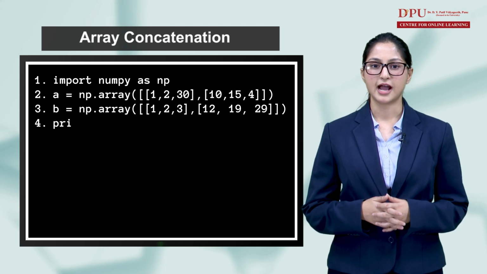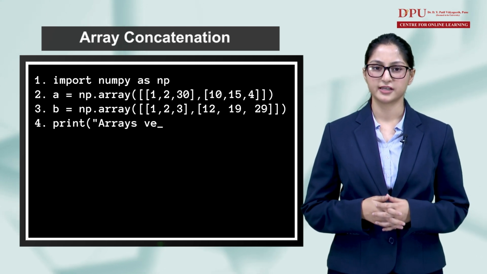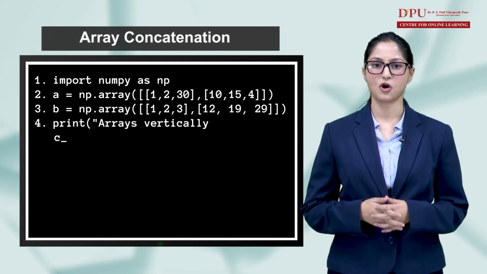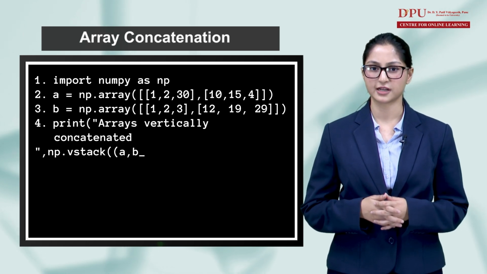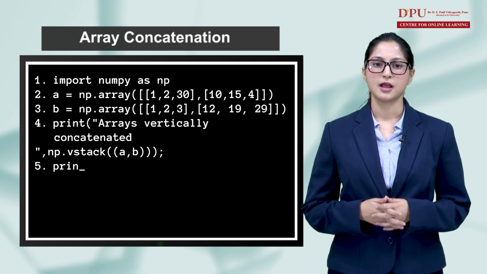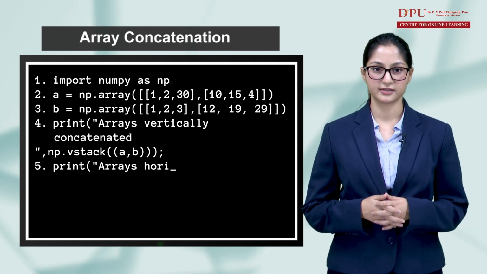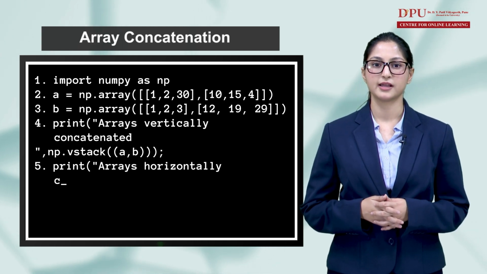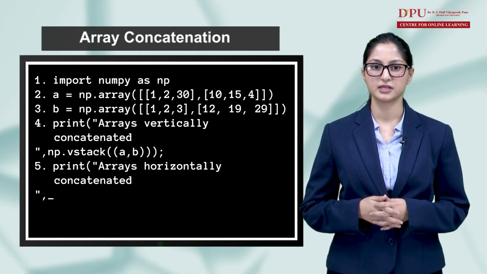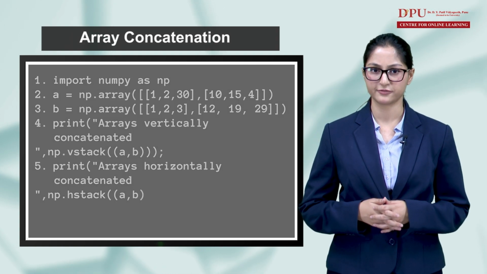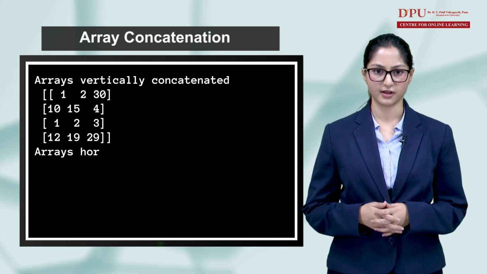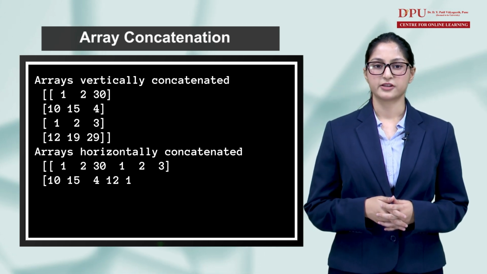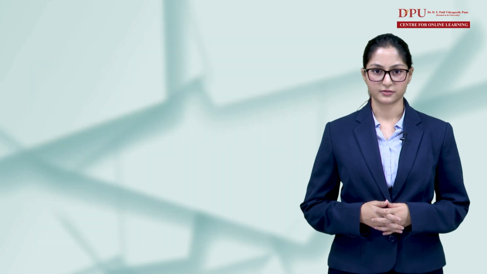Print "array is vertically concatenated", next line, comma, np.vstack(a, b). Print "array is horizontally concatenated", next line, comma, np.hstack(a, b). Output: arrays vertically concatenated are, arrays horizontally concatenated are.